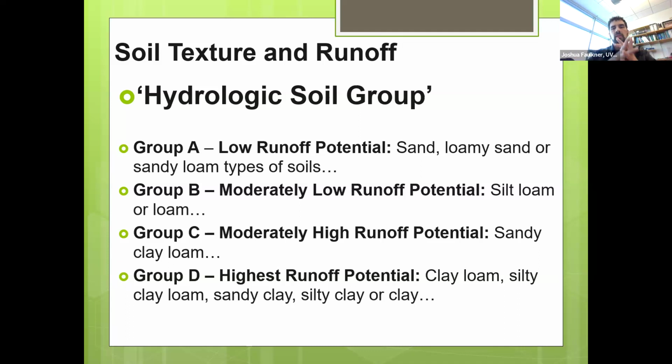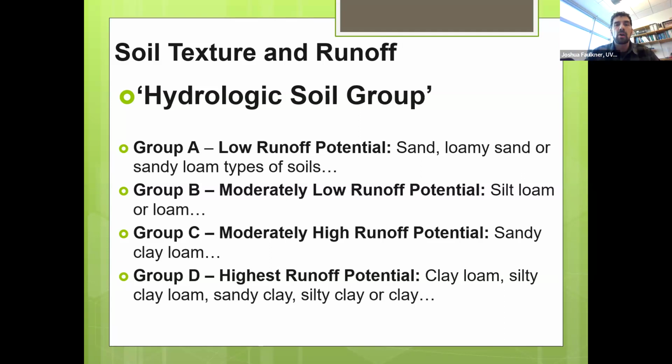I have significantly shortened the definitions of these, but to bring to the top how texture is factoring into these different hydrologic soil groups. There are some other factors that affect these definitions as well. B soils are your moderately low runoff potential soils, silt loams and loams.